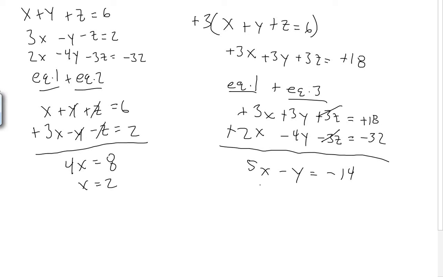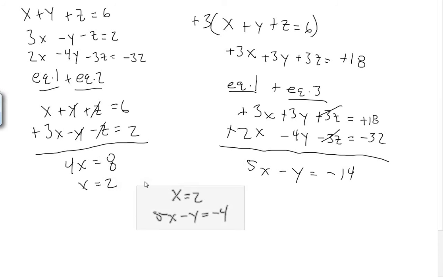Now, let me just tell you that this is still a system of equations in 2 variables. I have x equal to 2 already, and I have 5x minus y equal to negative 14. So if the first one's already solved, I can just plug that value into the second equation and solve this one right away. Let me start a new page for that.